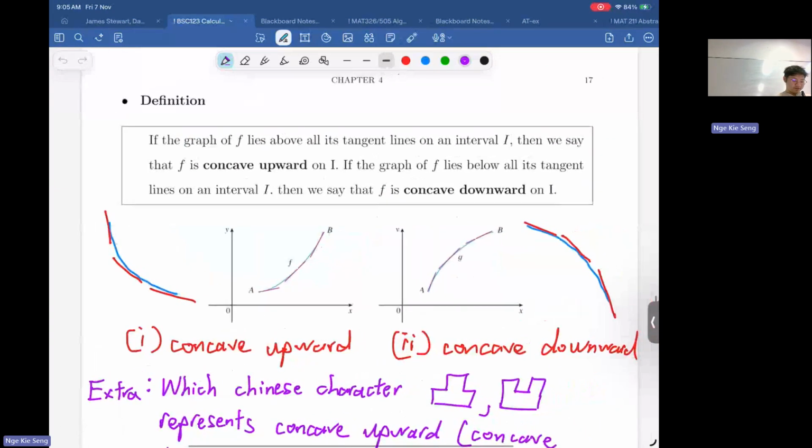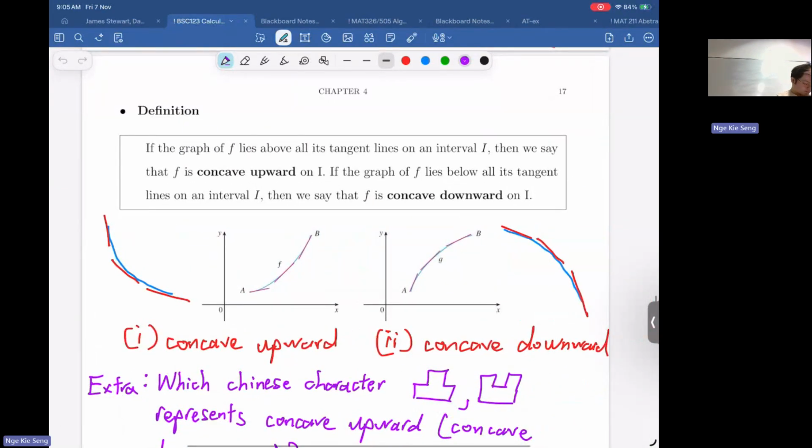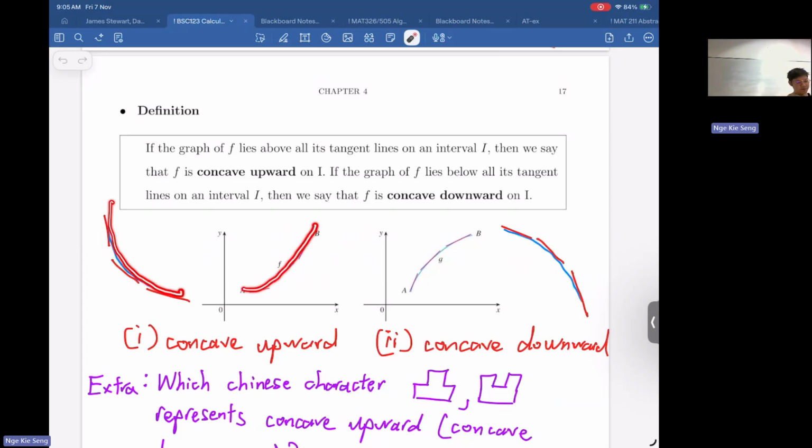It could be. Concave upward just means that your graph lives above the tangent line. So you can be decreasing but concave upward, or increasing and concave upward. Similarly, you can be decreasing when concave downward, or increasing when concave downward.